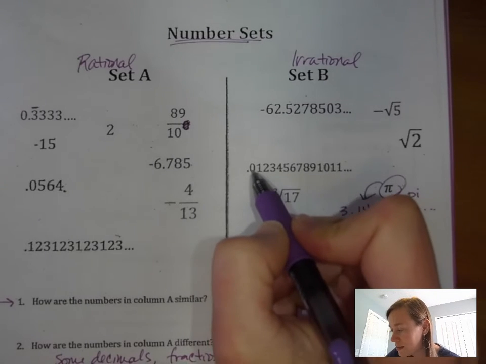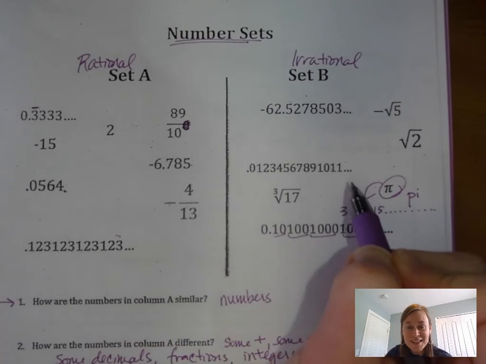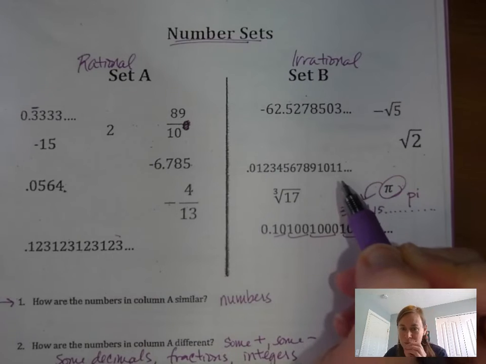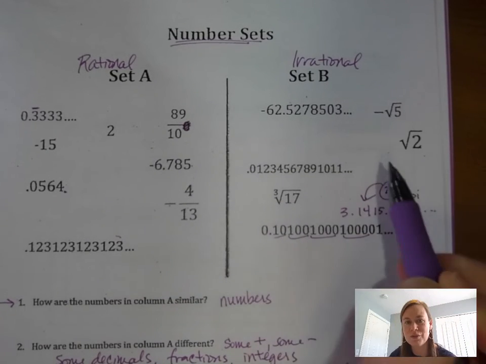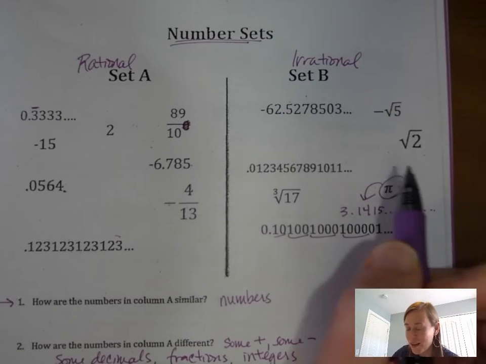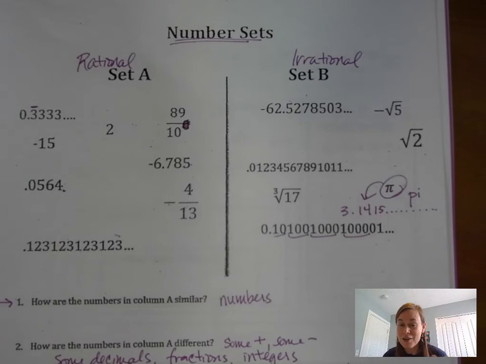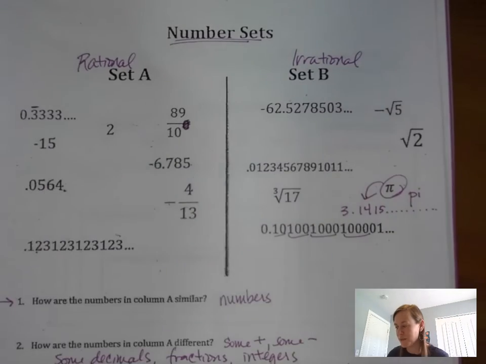There's a pattern. 0, 1, 2, 3, 4, 5, 6, 7, 8, 9, 10, 11. You could complete the next 20 digits if I asked you to, but is it the same pattern repeating over and over? Is it like 1, 2, 3, 4, 1, 2, 3, 4, 1, 2, 3, 4? No, it's not. It's different numbers each time. So even though there's a pattern you can find, it is not a repeating decimal because the numbers are not repeating the way they are here and here.